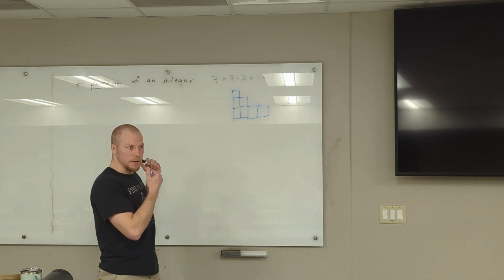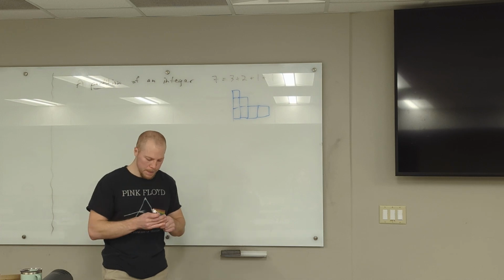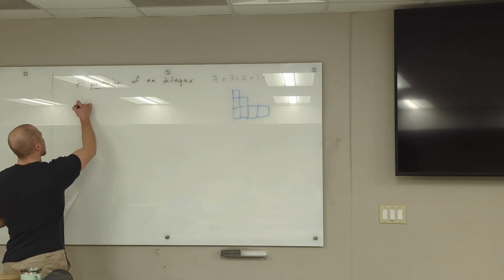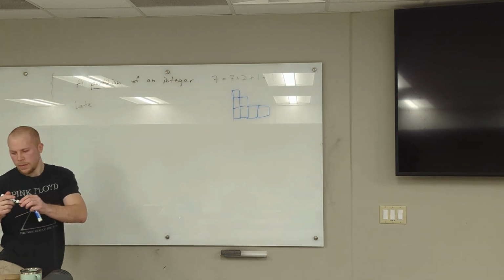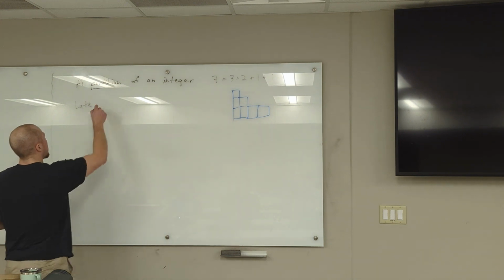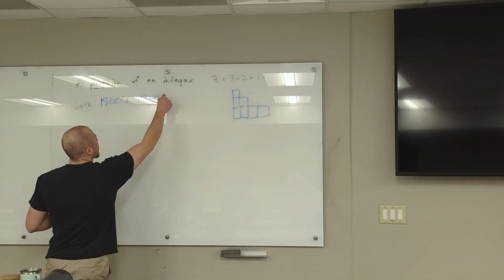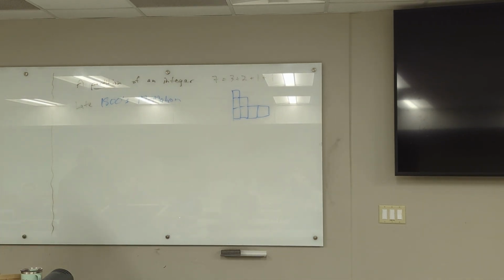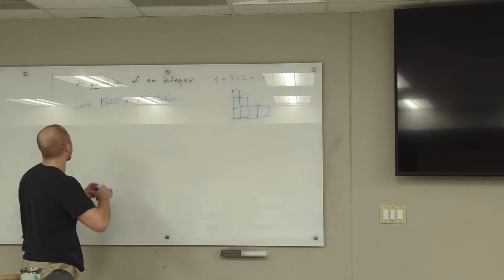I'm not going to talk about these kind of partitions today, but a generalization of them. In the late 1800s, a guy named Percy McMahon introduced a generalization of a partition that he called a plane partition.